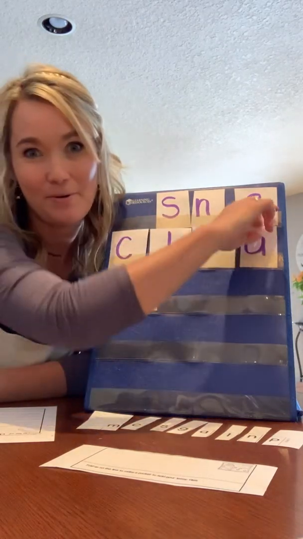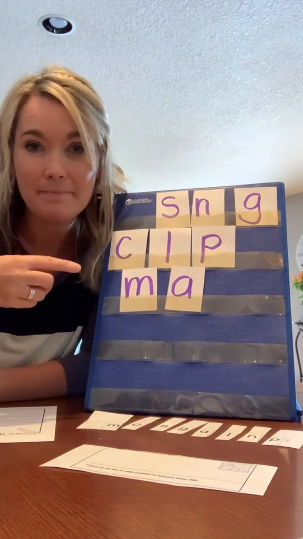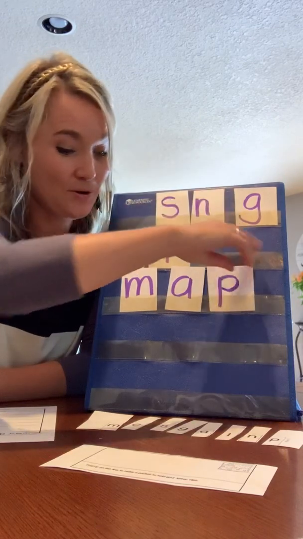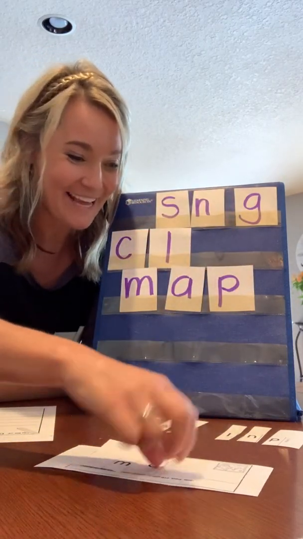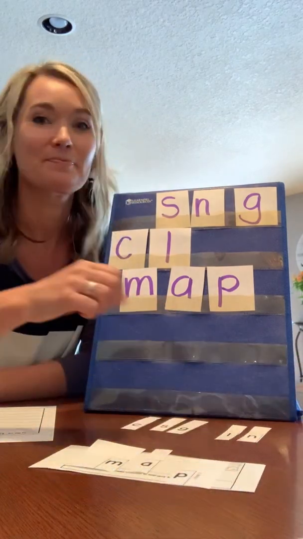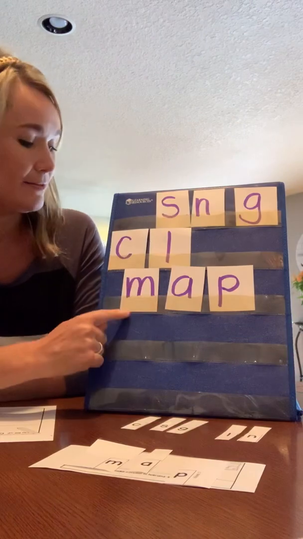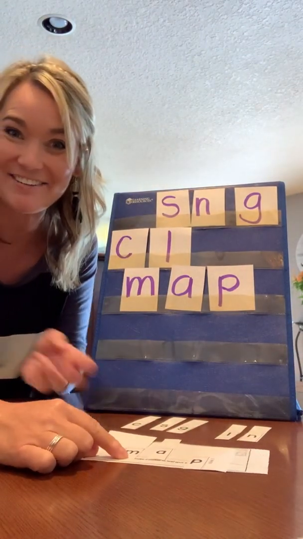Some of you might have already finished building that whole word. Map. Did you already build it? If it looks like mine, give me a thumbs up. Yeah? All right, now let's sound it out quickly. Touch yours. If yours is on your word building mat, you can just touch right there.